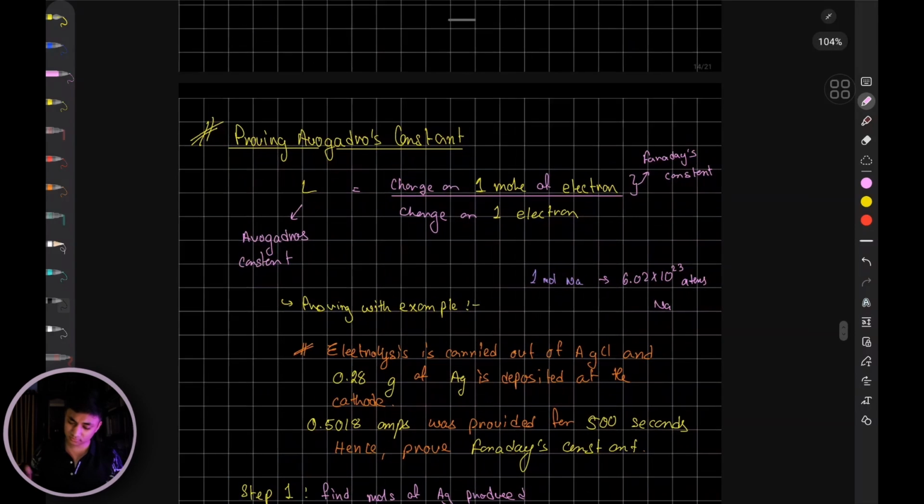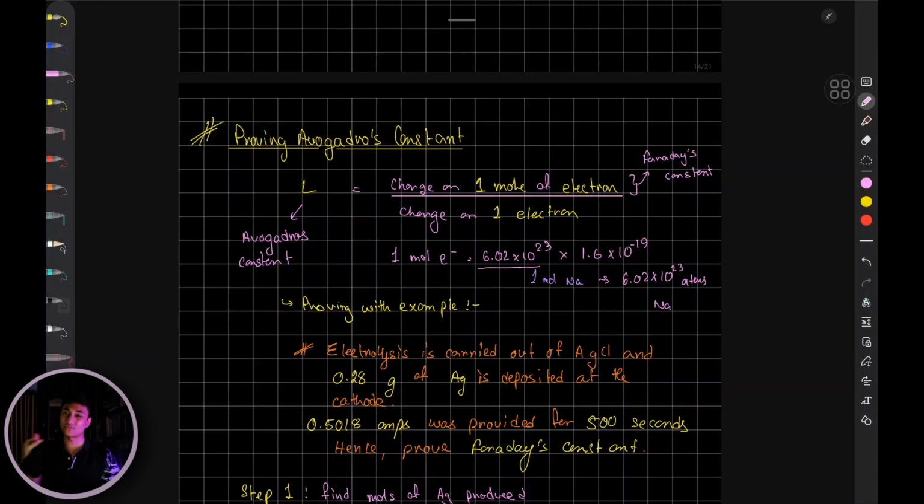So if I have, let's say, one individual electron, then I know the charge on it. If you look at the data booklet, you know the charge on 1 electron is 1.6 into 10 to the power minus 19 coulombs. However, what is the charge on 1 mole of electrons? 1 mole of electrons will have 6.02 into 10 to the power 23 times 1.6 into 10 to the power minus 19 coulombs of charge, because 1 mole of electrons has 6.02 into 10 to the power 23 electrons.